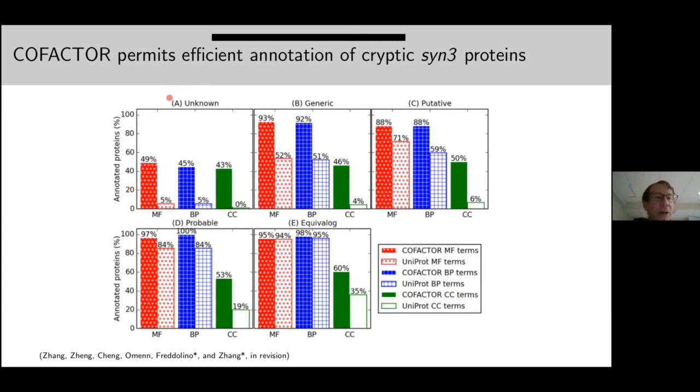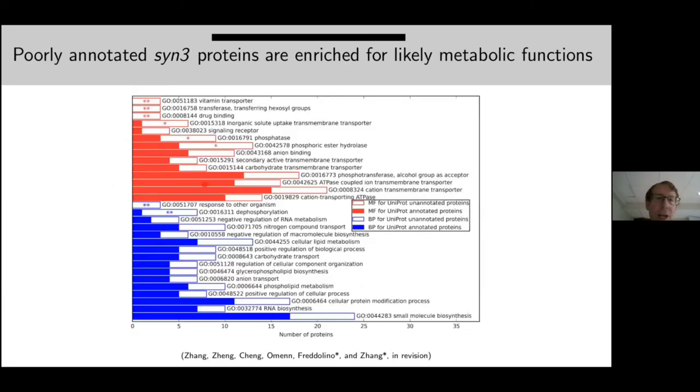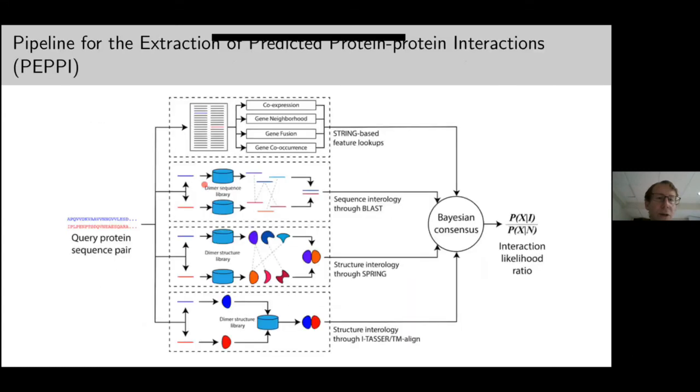This is the hardest category of targets. We're going from knowing about 5% of them with functions to 50% of them with functions after the structure-based functional annotation on this proteome. And we've recently moved also into adding structural information to sequence-based information and to sequence similarity in order to predict protein-protein interactions.